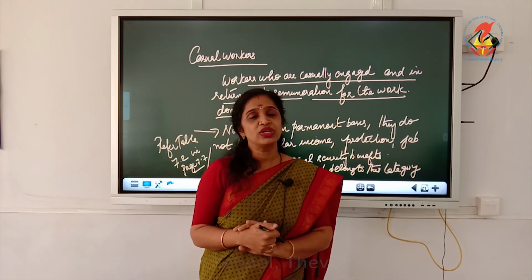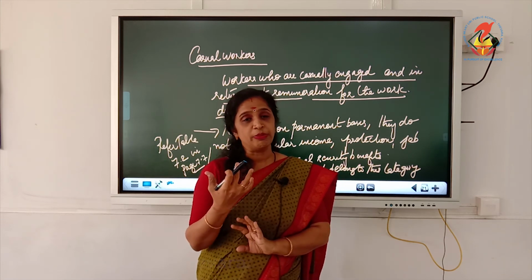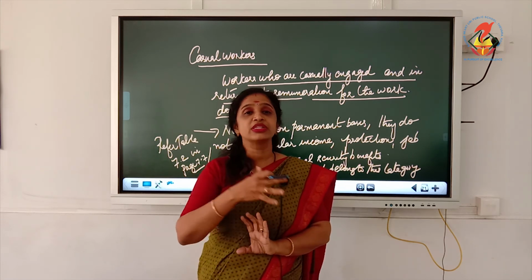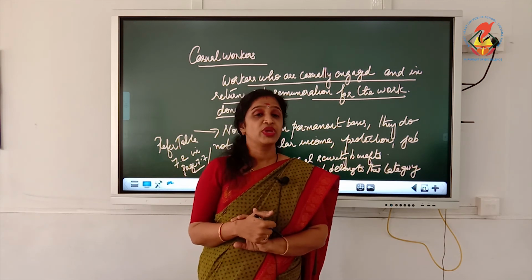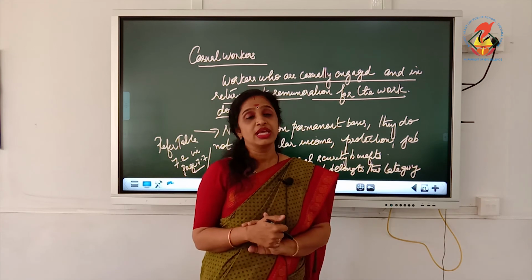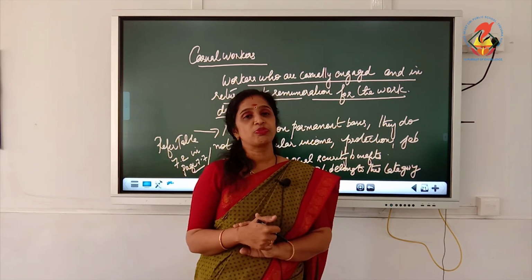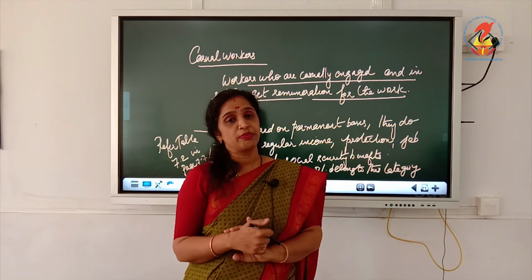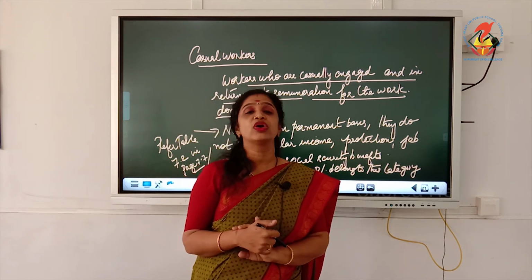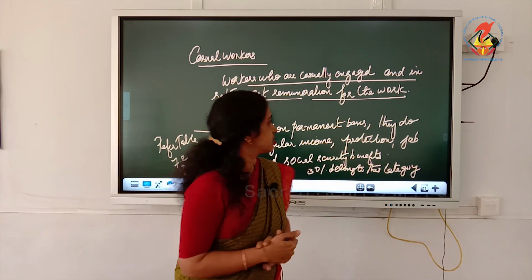So they also work under a particular enterprise and they will be earning their wages on a daily basis or weekly basis. You can find a lot of people working in construction companies on daily wages. They belong to casual workers. Even the weekly payment also belongs to casual workers. The main focus is on the people who are working on daily wages. They are exact casual workers.